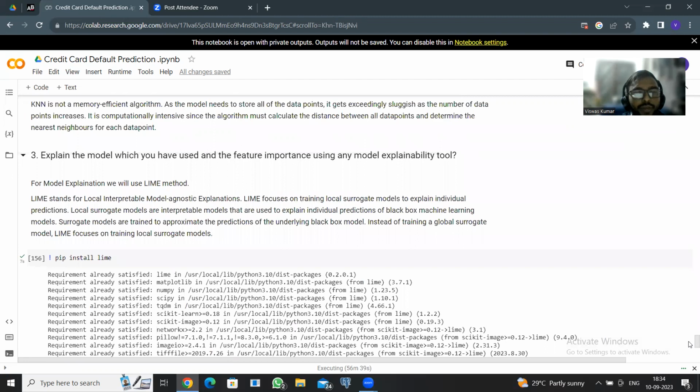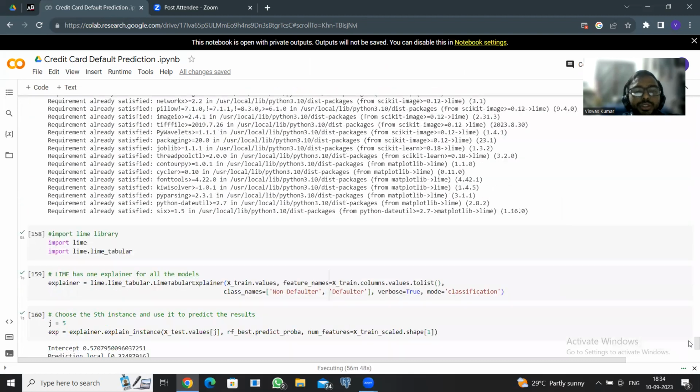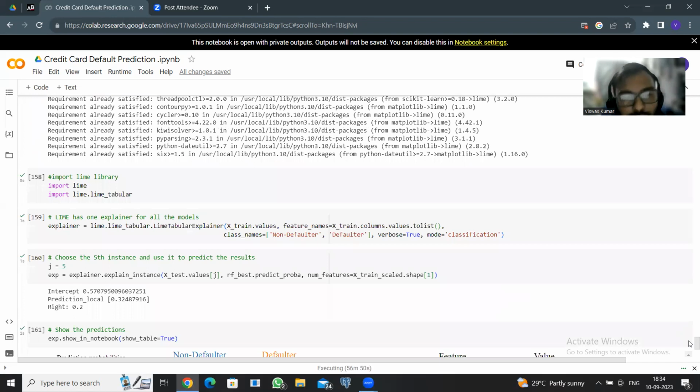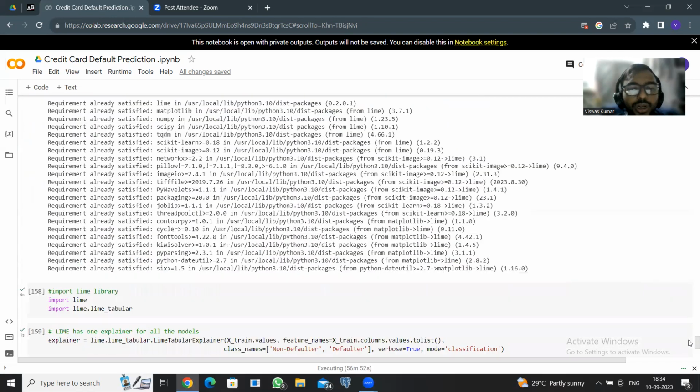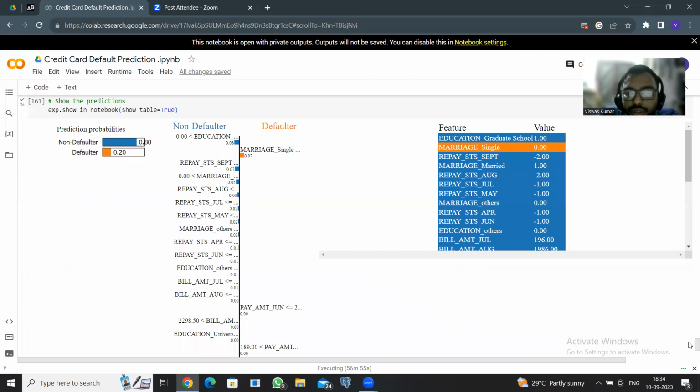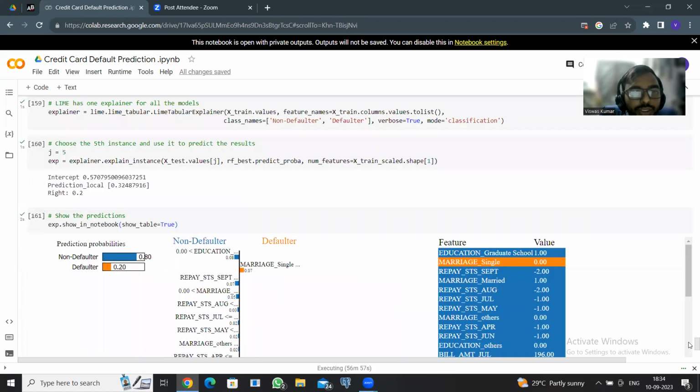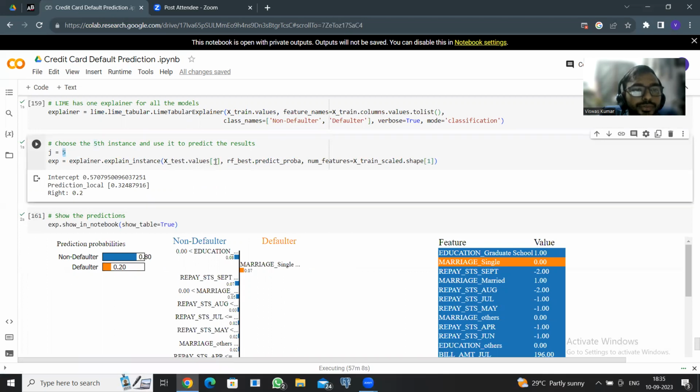And one more thing, I've implemented LIME, local interpretable model-agnostic explanation, to determine which parameters have been causing the customer to fall into the defaulter section or non-defaulter section. For that, I imported the LIME package from Python, and j equal to 5, which is the fifth row of the data.